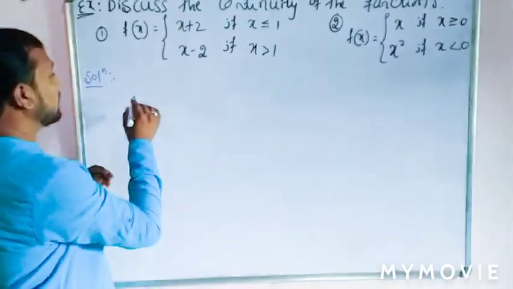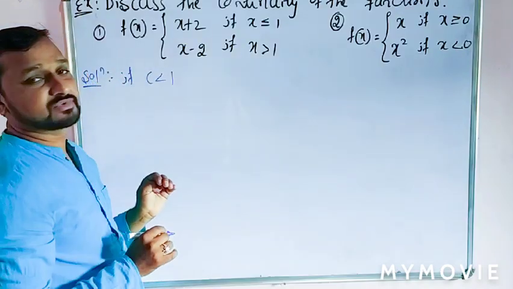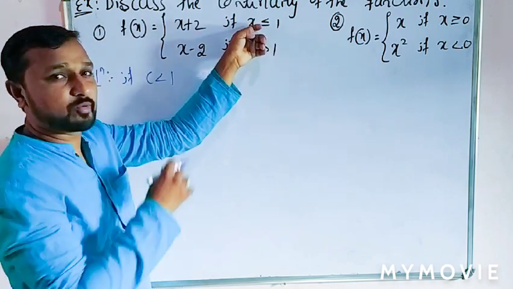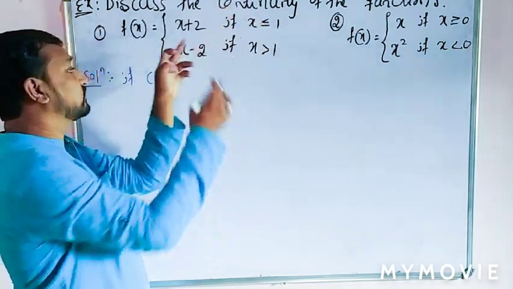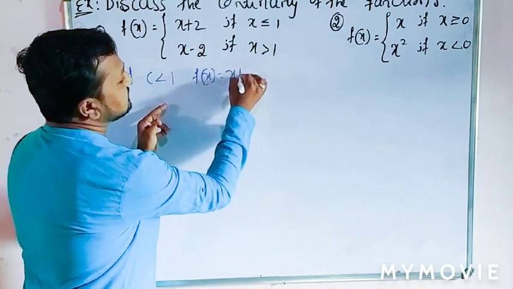So here, if C is less than 1, meaning the domain point C is less than 1, then the function is f of x equal to x plus 2.